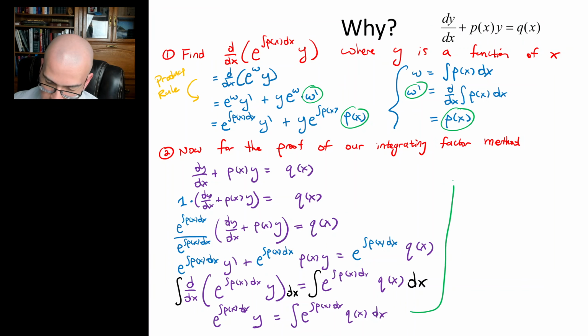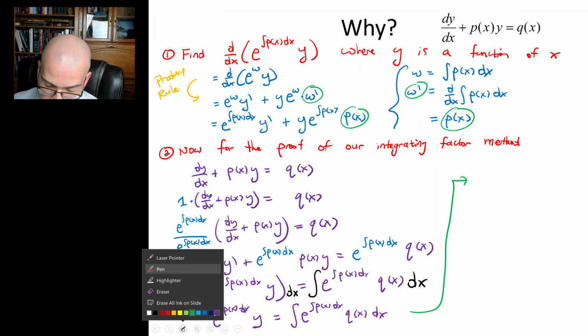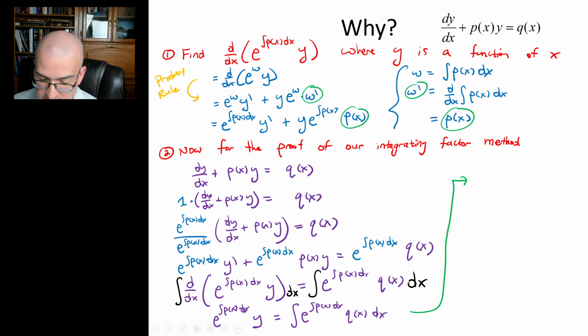And then I'm going to divide both sides by e to the integral of p of x dx, or I'll just call it I of x. So I of x times y is equal to the integral of I of x times q of x dx.